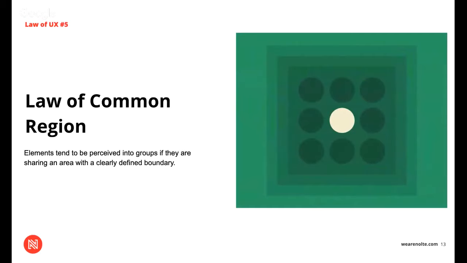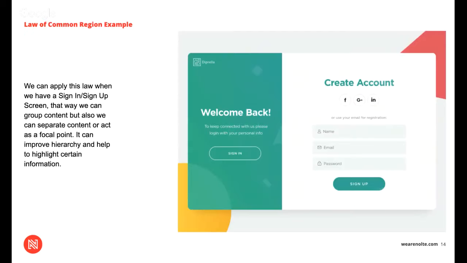Another law is the law of common region, that says that elements tend to be perceived into groups if they are sharing an area with clearly defined boundaries. A common example would be that sometimes we see designs that split the screen into sections.